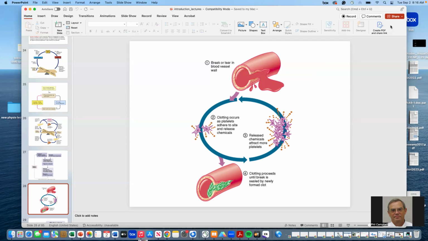So the point here is this is an example of positive feedback. We have two physiological states: bleeding, not bleeding; hole, no hole, right? We do not want to maintain homeostasis, in other words, continually losing blood. We want to stop that.